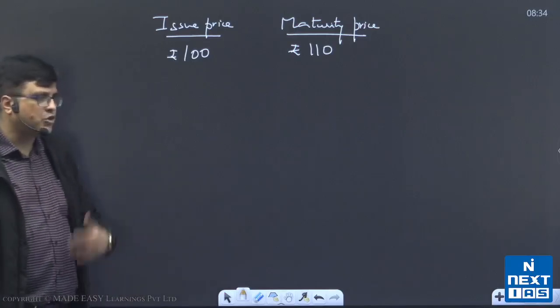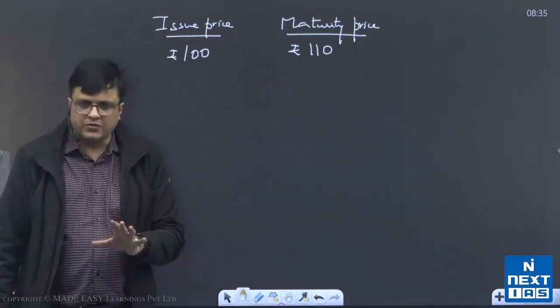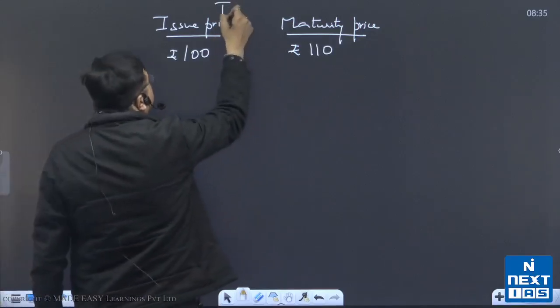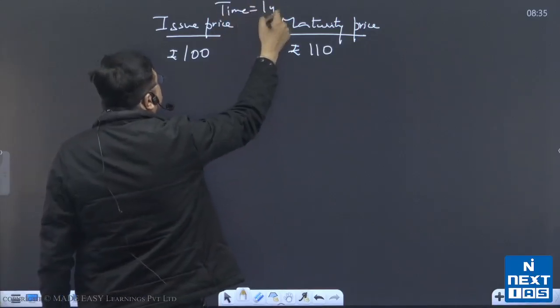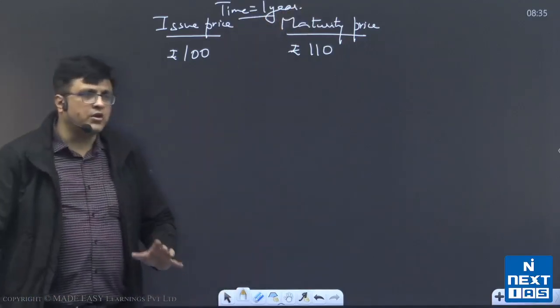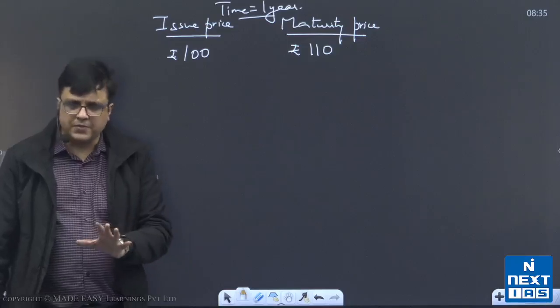All right, there is an issue price of 100 rupees, a maturity price of 110 rupees, and say the time for which the bond is issued is 1 year. एक साल के लिए बॉन्ड को इशू किया गया, 100 rupees का बॉन्ड है, 110 rupees वापस मिलेंगे.